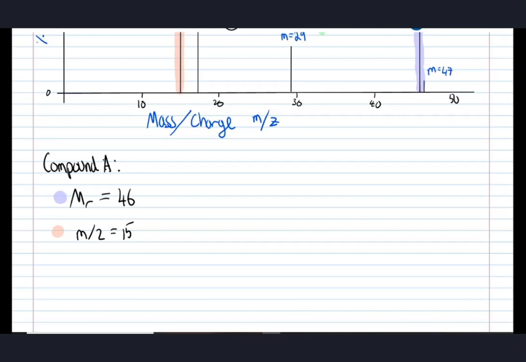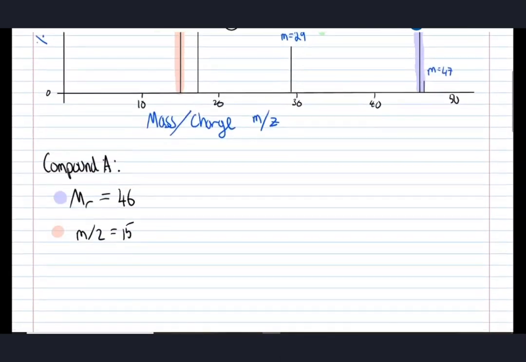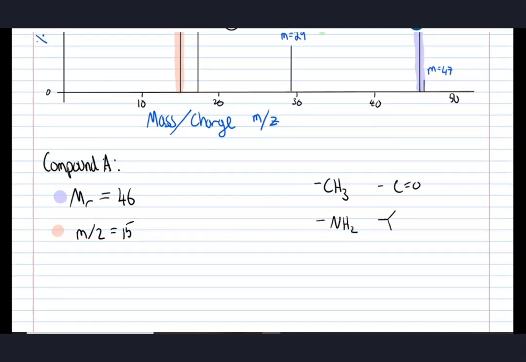Now, having a think about some common fragments in organic chemistry, we've got things like a methyl group, a CH3 group. We could have a carbonyl group. We could have an amine group. There are plenty that we can have. We can even have a phenol group as we advance.